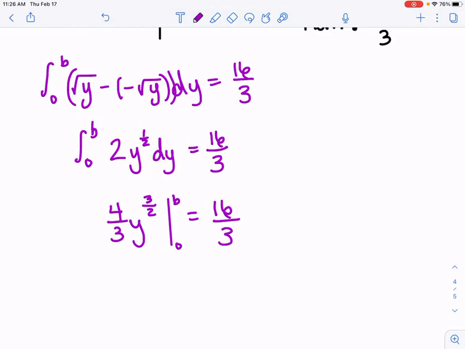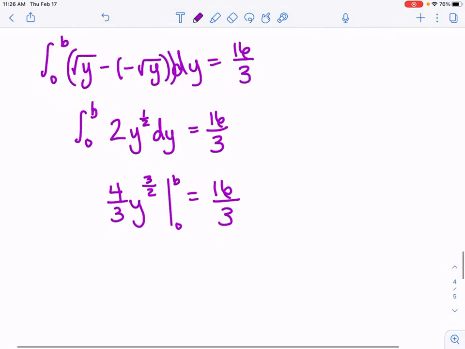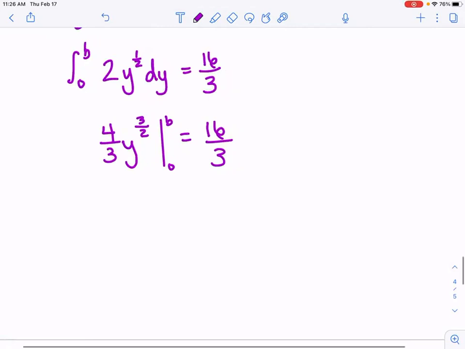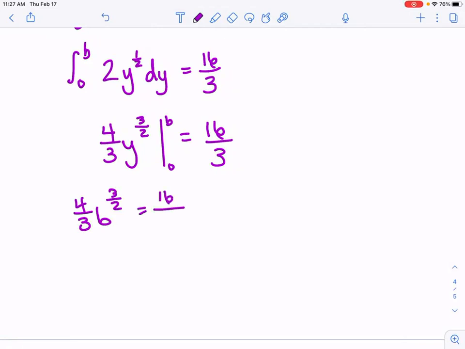Math 9 isn't really helping us right now, is it? Because we're solving for b. b is in our limit of integration. We can't use Math 9. Okay, so we have 4 thirds, b to the 3/2, minus 4 thirds, 0 to the 3/2 equals 16 thirds.